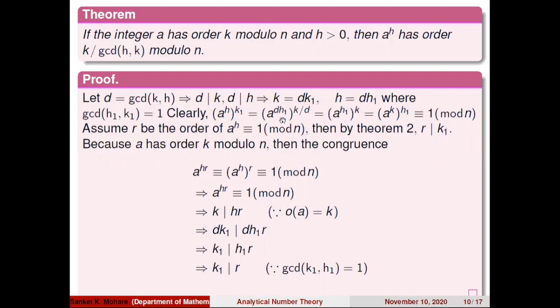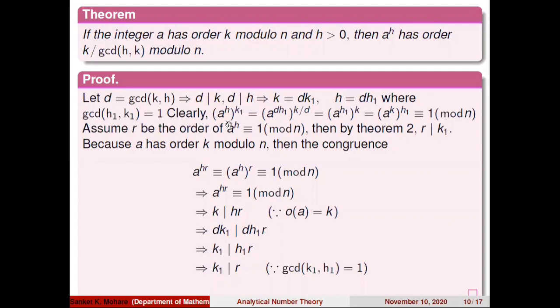So if n divides A, then A is equal to some n times K. By using that result, as D divides K, K is equal to D K1, and as D divides H, H is equal to D H1, where K1 and H1 are some integers. Also, GCD of H1, K1 equals 1, meaning H1 and K1 are relatively prime to each other.